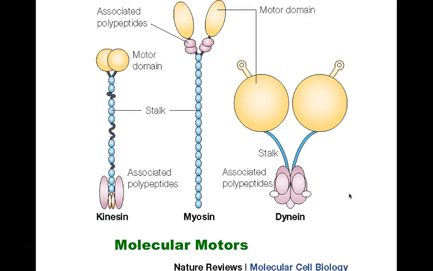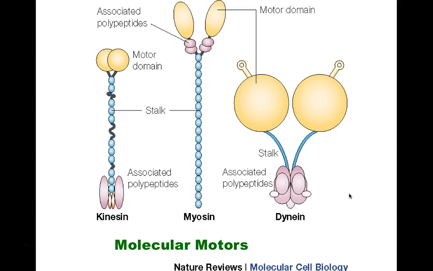For the molecular motors, we have 3 different types: kinesin, myosin, and dynein. Kinesin and dynein especially often serve as little transport devices, carrying organelles or vesicles back and forth inside of a cell along microtubules or actin filaments or intermediate filaments.